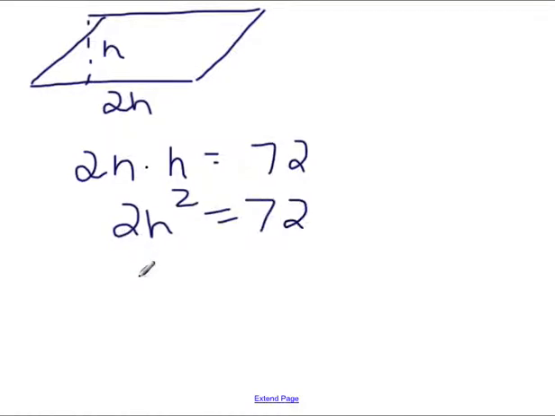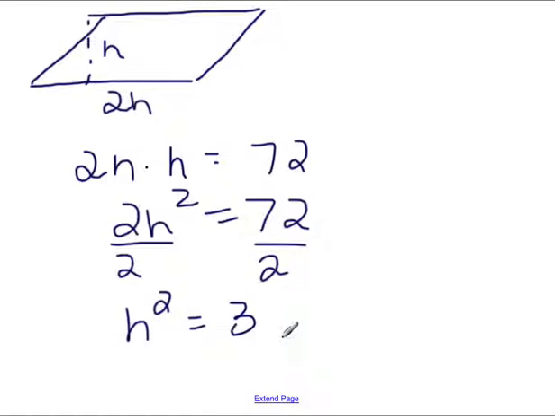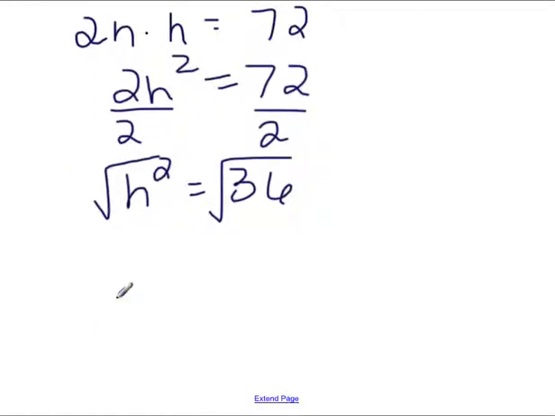I'm going to divide both sides by 2, and then I get that h squared is equal to 36. Now we want to take the square root of both sides to solve for h, because that'll just give me h. The square root of 36 is going to be 6. That's going to be feet. So that means that the height is equal to 6 feet.